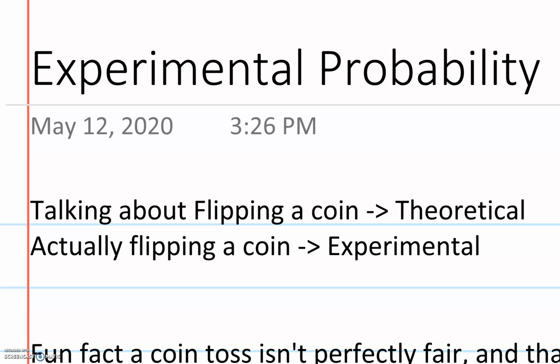So what's the difference between experimental and theoretical probability? Well, talking about flipping a coin is theoretical, and actually flipping a coin is experimental. So the most common form of experimental probability is when you do a survey, because you'll never be able to just know exactly the number of people that like the color green.